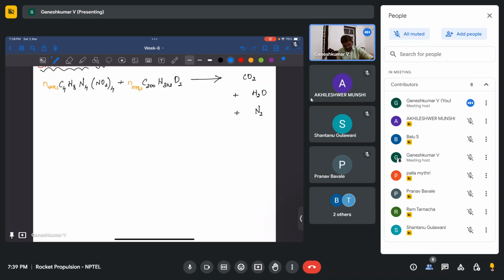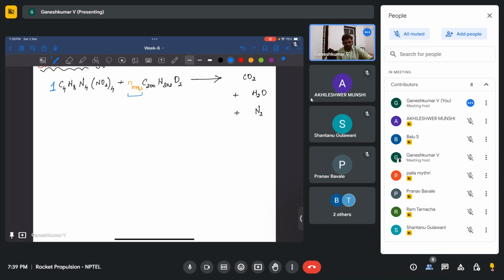Let's balance the reaction. Let's say we'll take 1 mole of HMX, and we are trying to find the number of moles of HTPB.